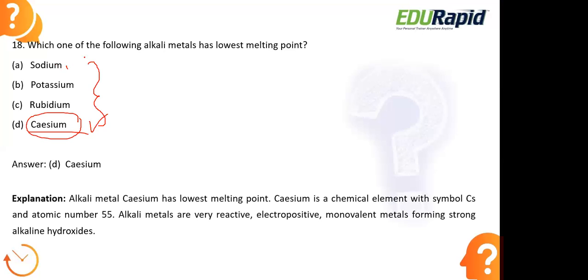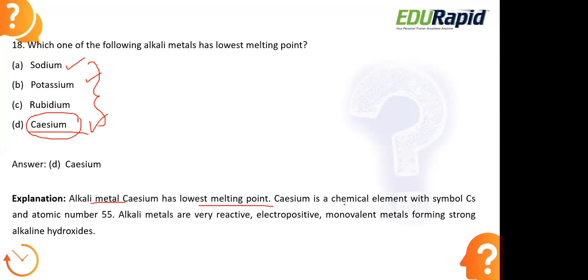We know that sodium as well as potassium are soft metals even at room temperature, but cesium is even softer. When you slightly increase the temperature, it gets converted into liquid and starts melting because it has reached its melting point. So cesium is the one which has a low melting point.